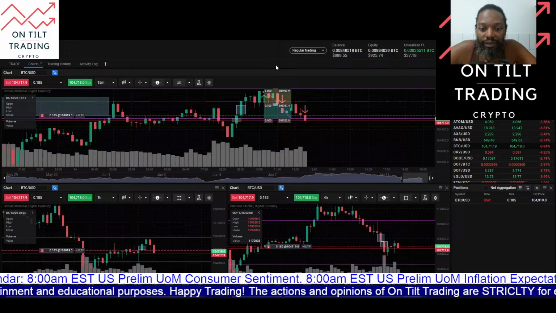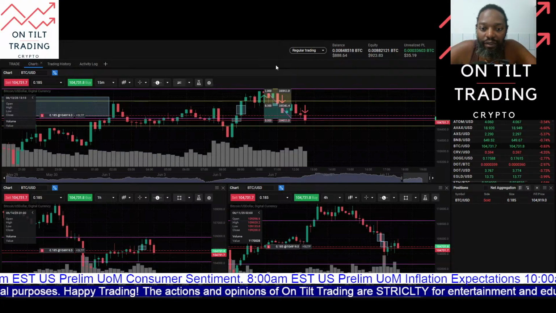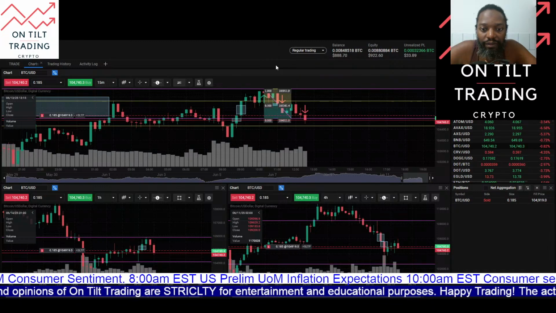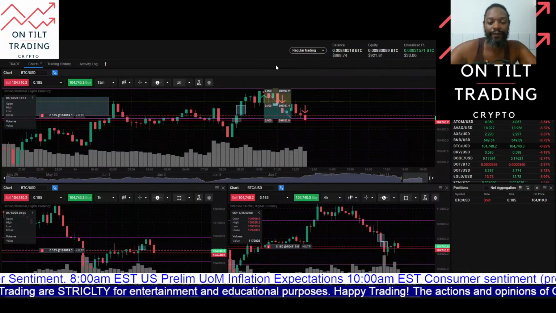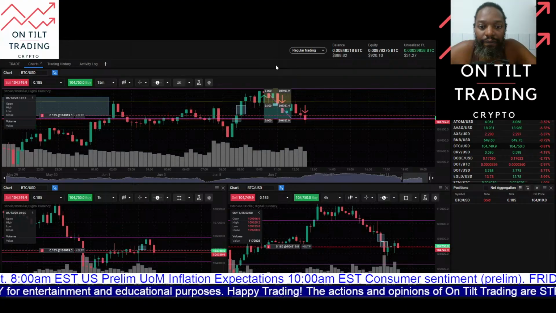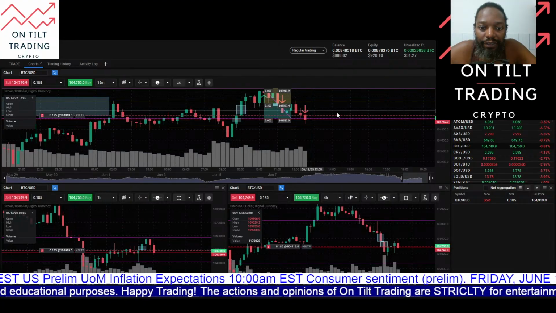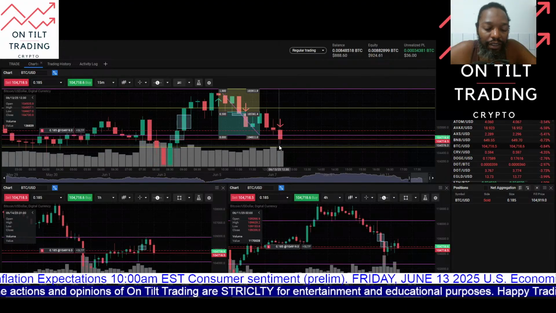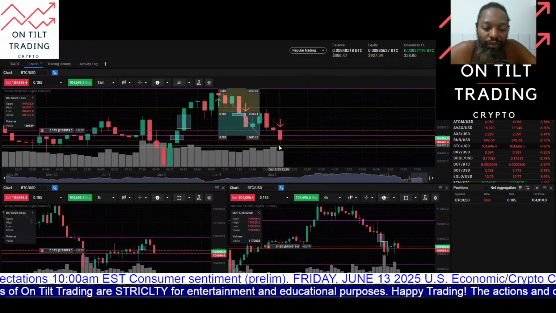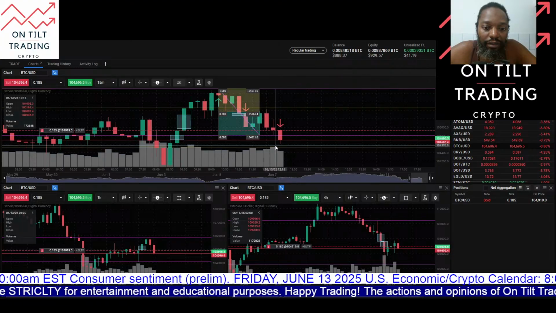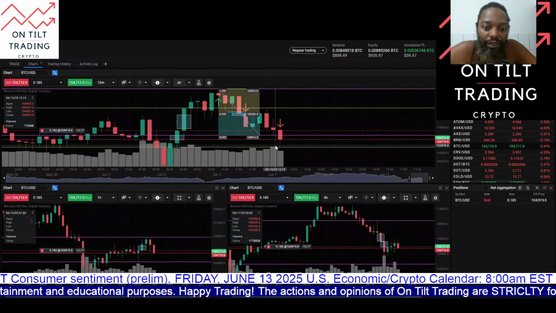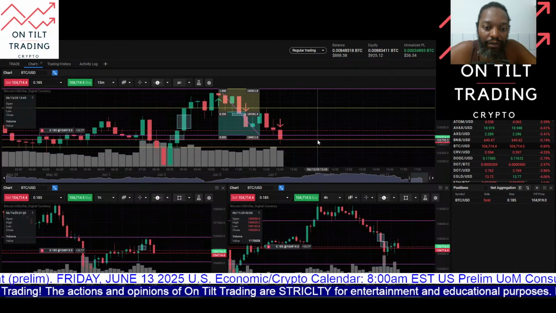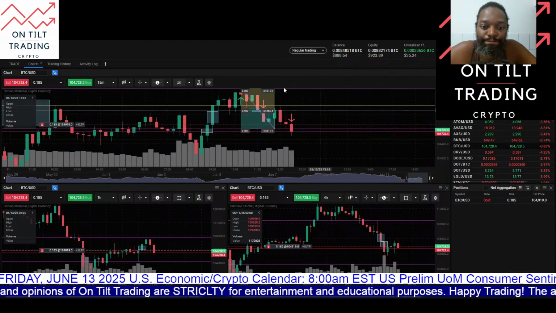So now starting to see a reaction off of a lower level here. But if this candle closes as it is, we'll get a break of structure, which would be a good indication that there's continuation in this price action.